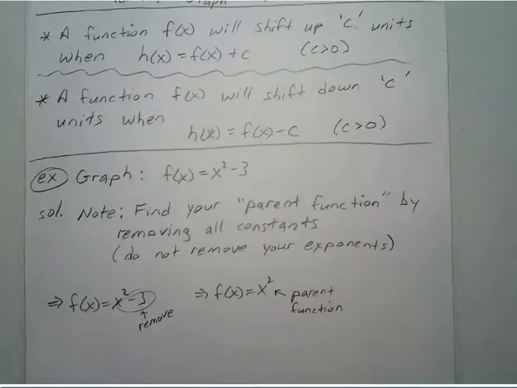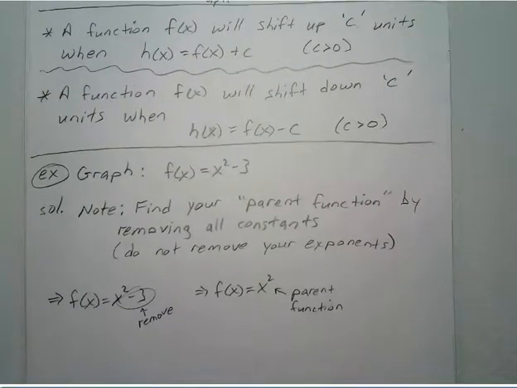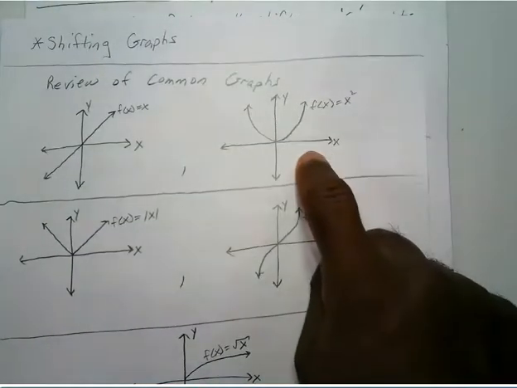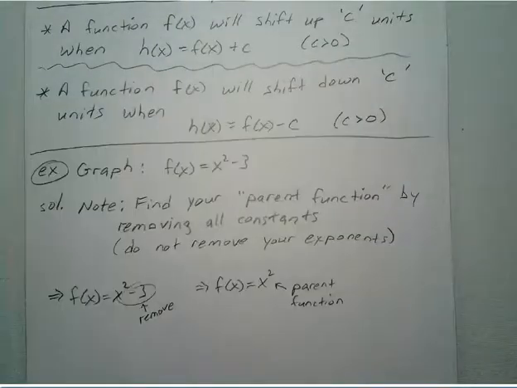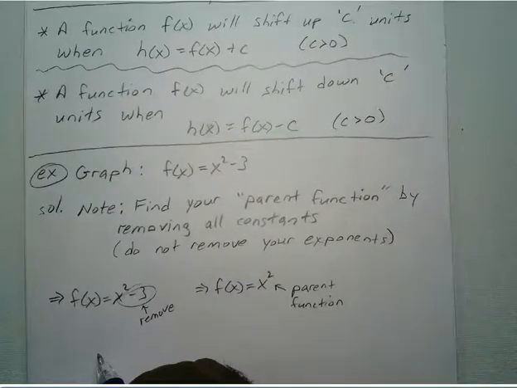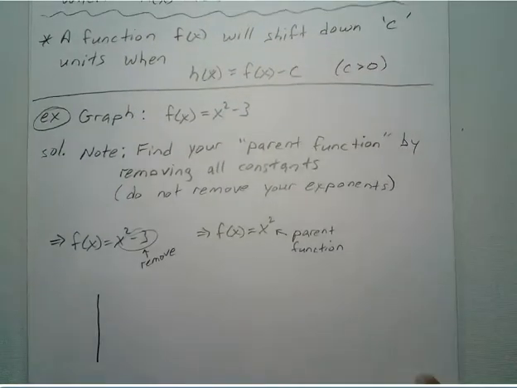Okay, so now we're going to go ahead and draw f of x equals x squared. And if you look back on our first sheet from our common graph, that's this one here. So we're going to go ahead and draw that one.